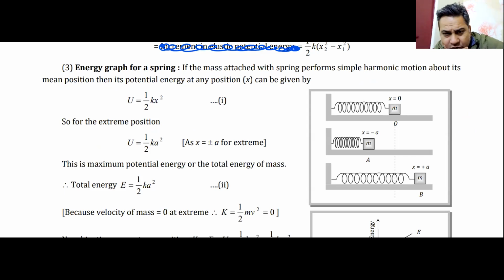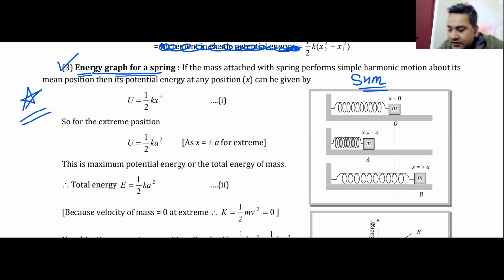Well, I hope you have noted this down. Then there is a small energy graph for a spring. Now, to understand this energy graph, we will have to go through the chapter of SHM, which I think you have not done, but you can just skip it for now. Because there are energies here, kinetic energy, potential energy, it might be difficult for us to understand it at this point, but this is a very important graph.